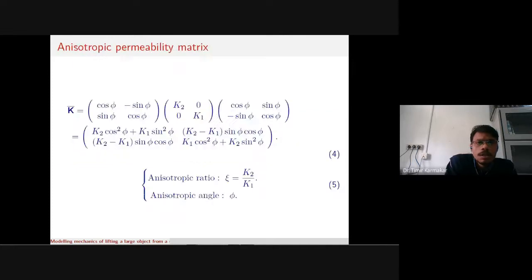Now the anisotropic permeability matrix: as I discussed, for the cylindrical shape, if we give a rotation phi, it will take the form of this kind of matrix. This is the typical structure of anisotropic porous media.